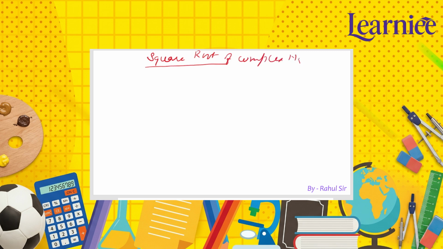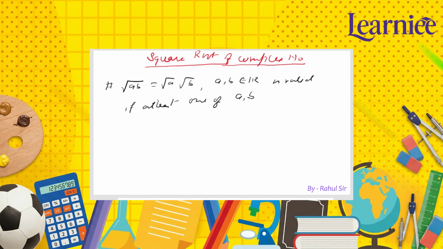In square roots, one should also know that √(AB) = √A √B, where A and B are real numbers, is valid only if at least one of A and B is non-negative.